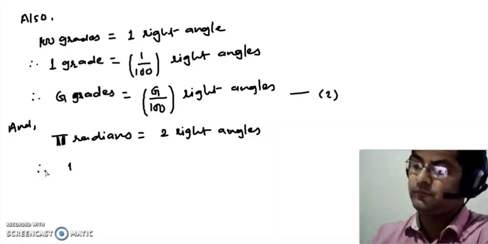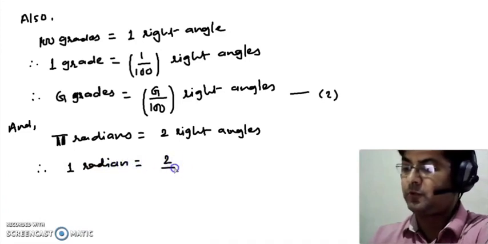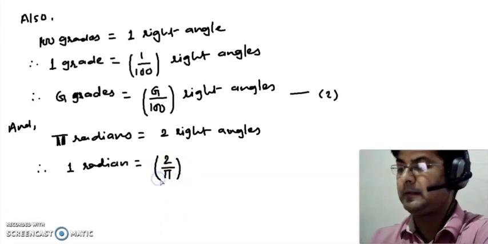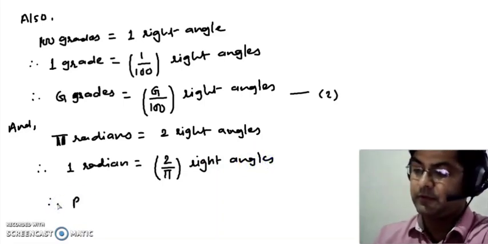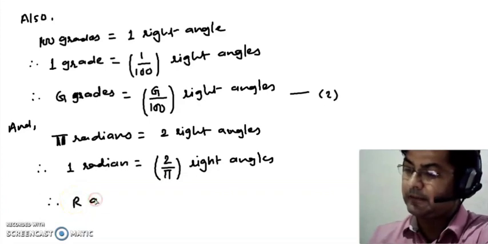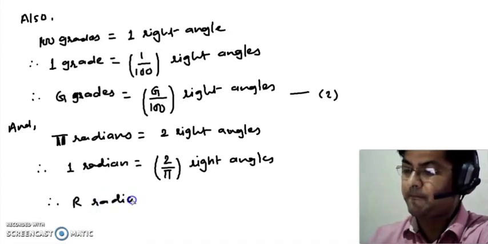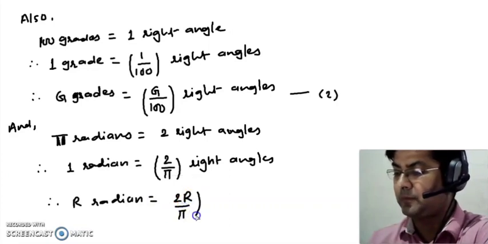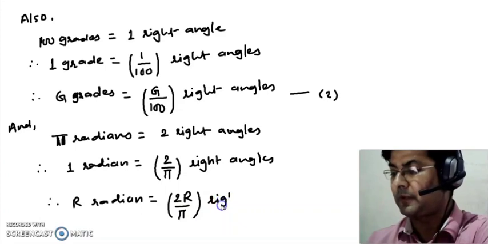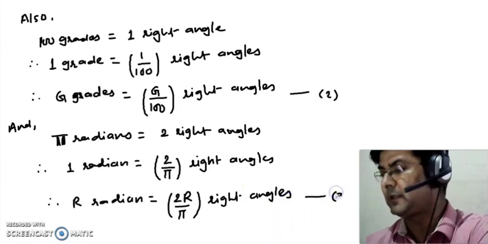Therefore, 1 radian will be equal to 2 upon pi right angles, and therefore R radian is equal to 2 into R upon pi right angles. Okay, this is result number 3.